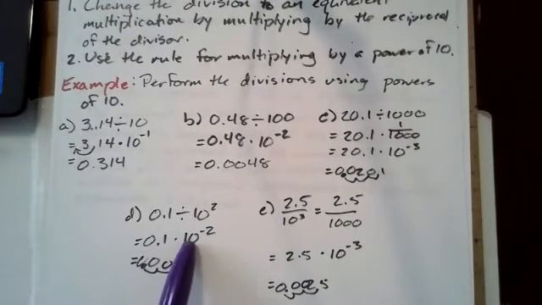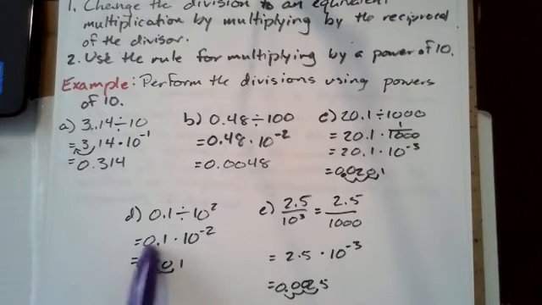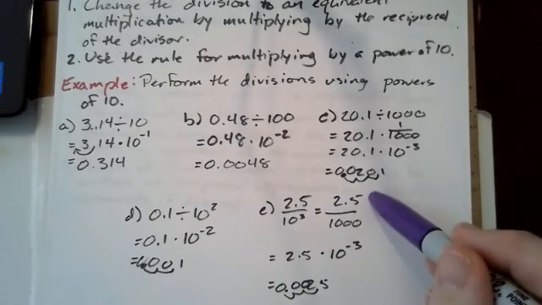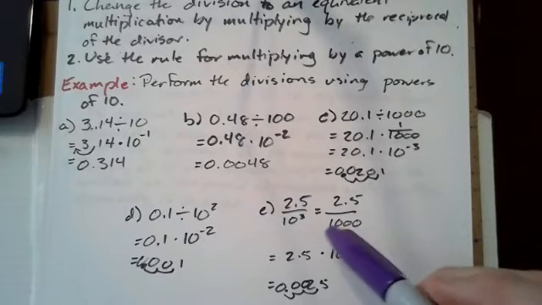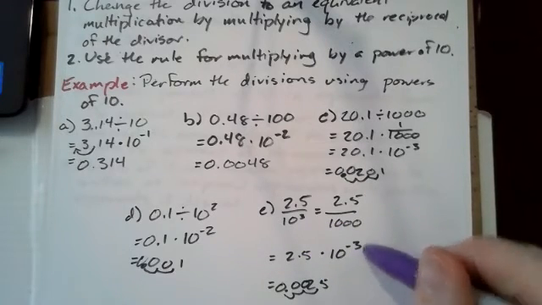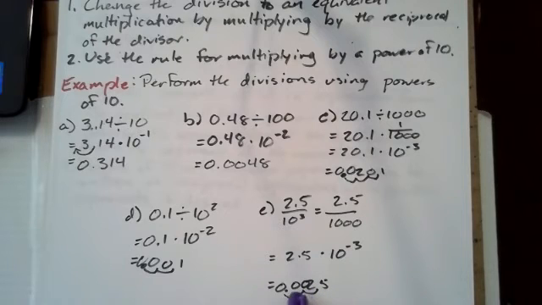I move the decimal point 2 spaces to the left, because it's the same as 0.1 times 10 to the negative 2. Move it to the left 2 spaces. I get 0.001, or 1/1000th. 2.5 divided by 10 cubed is 2.5 divided by 1,000, which is 2.5 times 10 to the negative 3. Move the decimal point 3 spaces to the left and get 0.0025, 25 10,000ths.